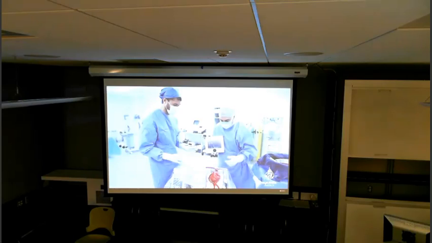Then you have this structure called the AV node, the atrioventricular node. The electrical activity is going to go from the SA node to the AV node. It's going to travel down this structure called the AV bundle. Then it's going to branch and travel down this structure right there. What is that structure? That's the interventricular septum.